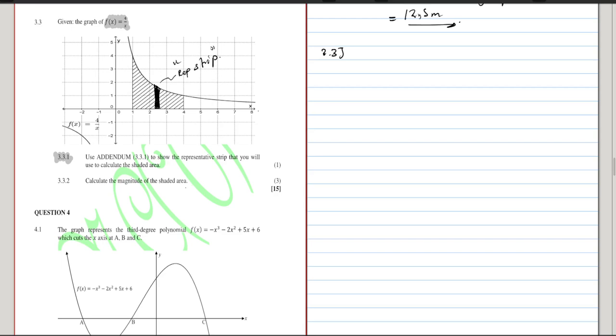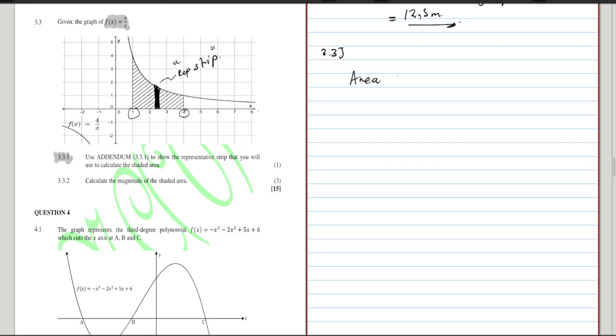So we're just going to take the integral again, a definite integral with upper bound and lower bound. Therefore we're going to integrate f of x. Let's start off by writing it like this.